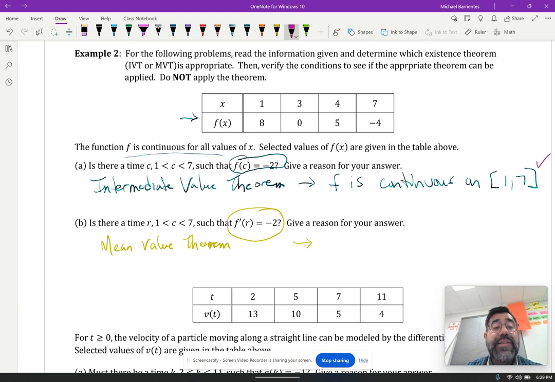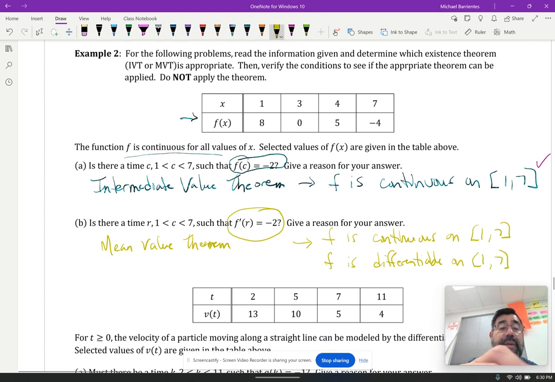But when I look at this, for the mean value theorem, we need f to be continuous on the closed interval, but we also need f to be differentiable on the open interval. And based off of the information that we're given, only one of those is guaranteed. According to what's written, the only thing we know is that the function is continuous, so this checks out.